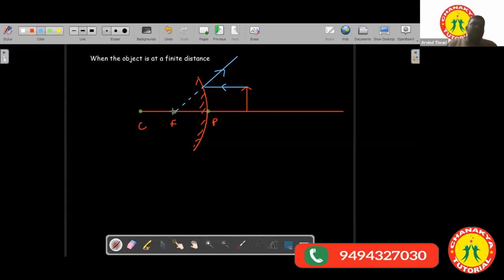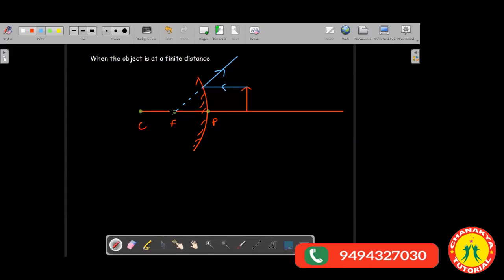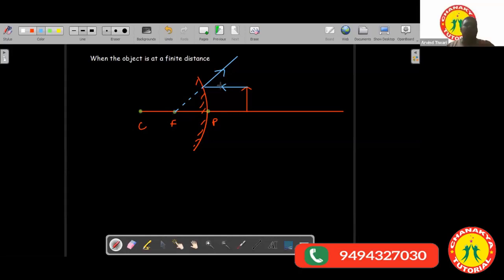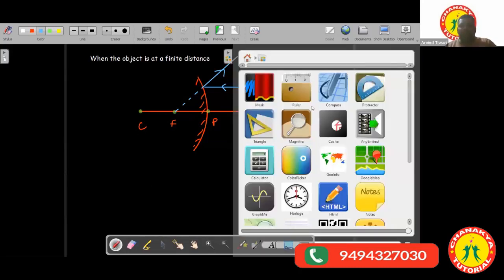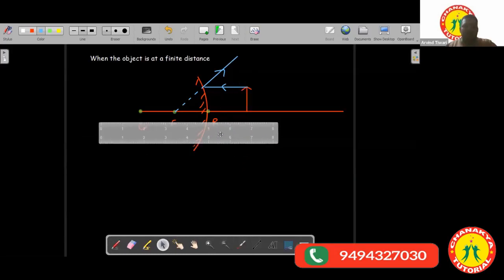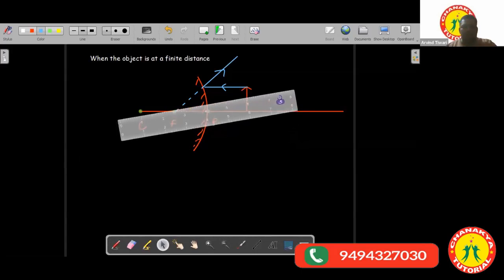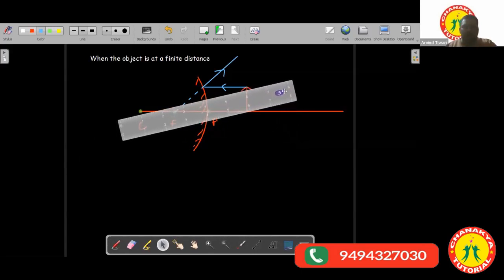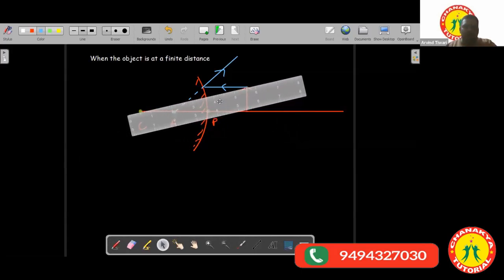Okay, everyone completed this much? Yes, sir. Okay. The second ray of light we should take in line of center of curvature. That means you need to put your ruler something like this, between C and P. Then draw the line from this point to the center.